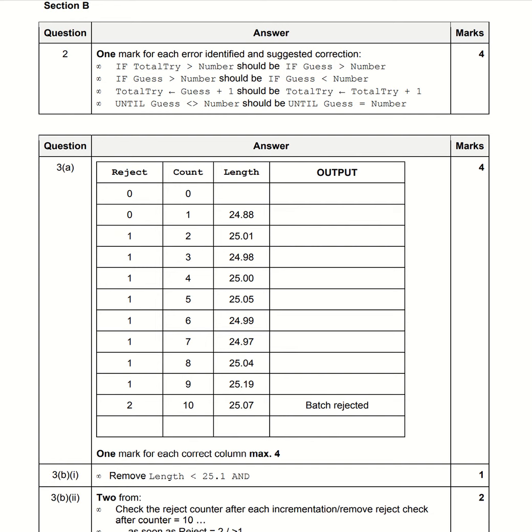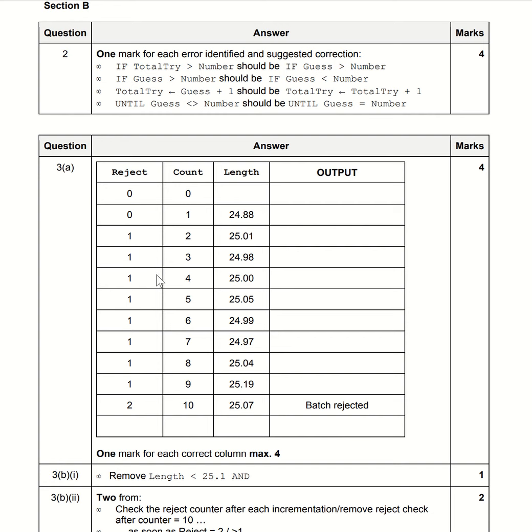And then 25.01 is not rejected, so reject stays 1 and the count is 2. Next one, 24.98, you can see the pattern, the count increases but reject is the same.